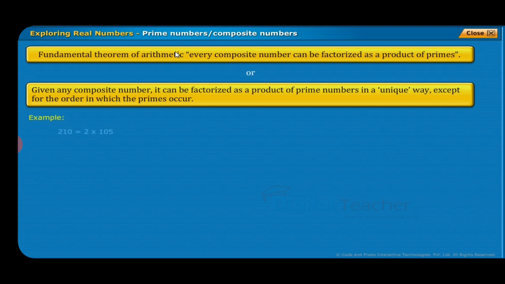Take a number 210 and factorize it. We get product of 2, 3, 5, 7 as same as product of 3, 5, 7 and 2 or any other possible order. By this we conclude that there is only one way of writing the product of primes. Now, let us state the fundamental theorem of arithmetic.